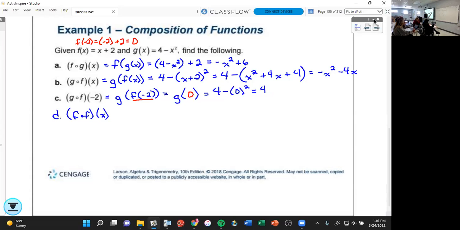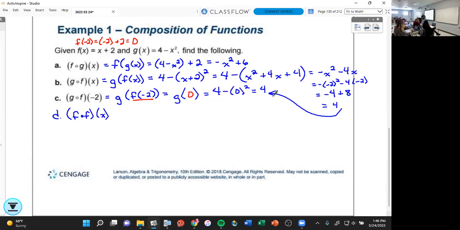What is -2 squared? -2 squared is 4, but there's a negative sign in front of it, so -4. And then I have a -4 times -2. And -4 plus 8 is 4, which is the same thing right here.